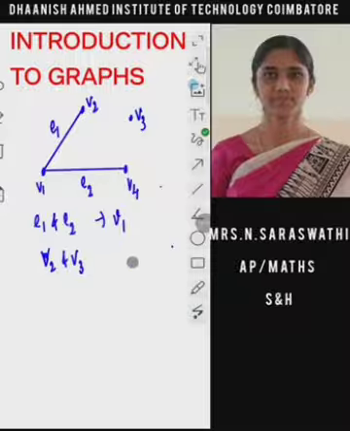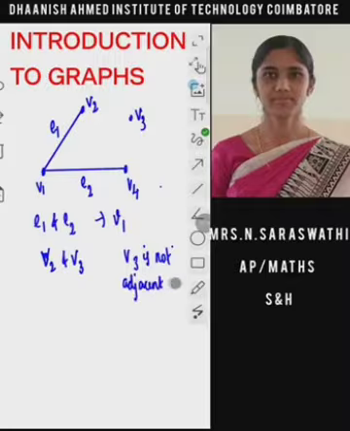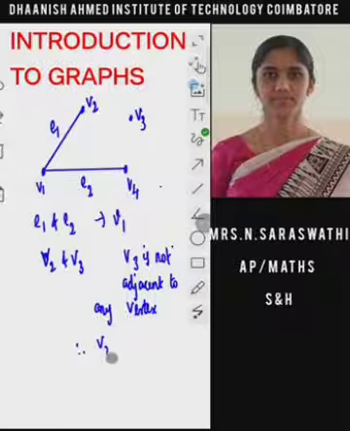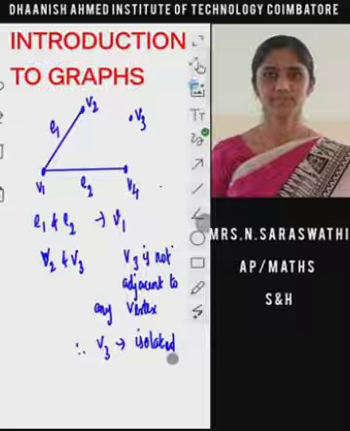So here in that graph, V3 is not adjacent to any other vertices. V3 is not adjacent to any vertex. Therefore, here we say V3 is an isolated vertex. So, which remains alone from the graph is known as an isolated vertex.